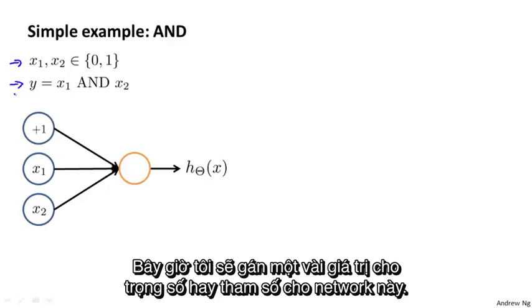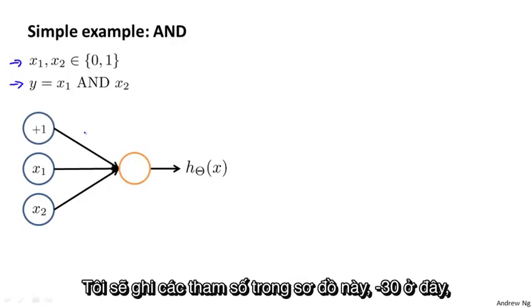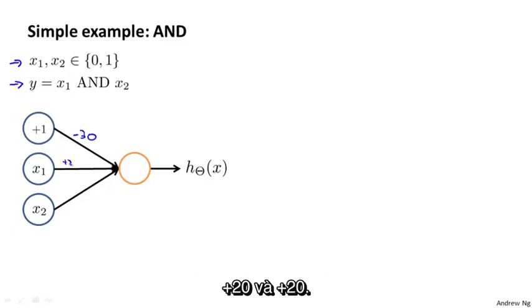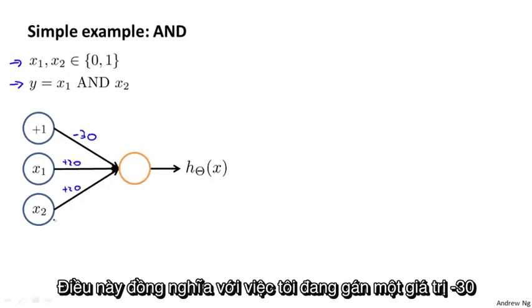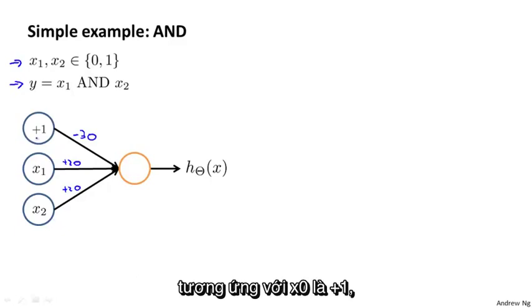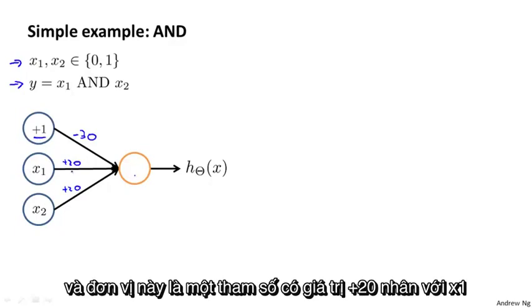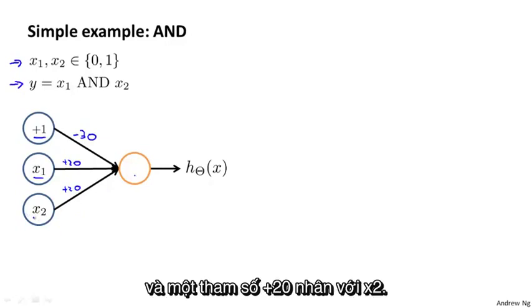Now, let me just assign some values to the weights or the parameters of this network. I'm going to write down the parameters on this diagram: -30 here, +20, and +20. What this means is that I'm assigning a value of -30 to the parameter multiplying x0, that is this +1 going into this unit, a parameter value of +20 that multiplies into x1, and a value of +20 for the parameter that multiplies into x2.